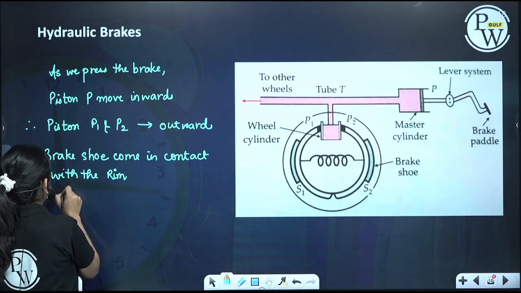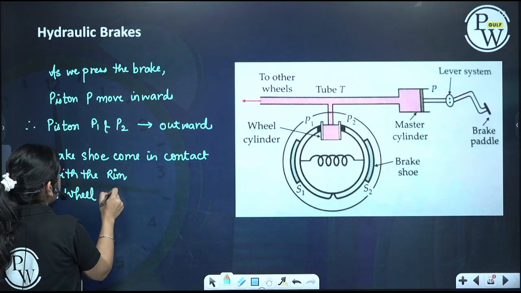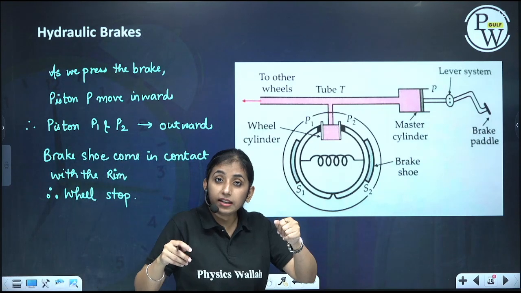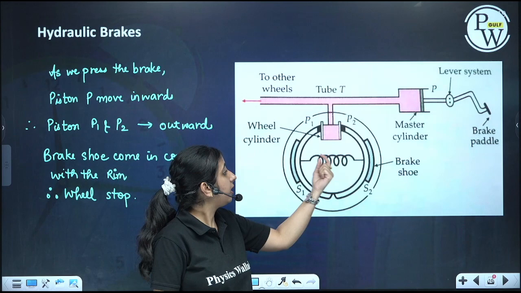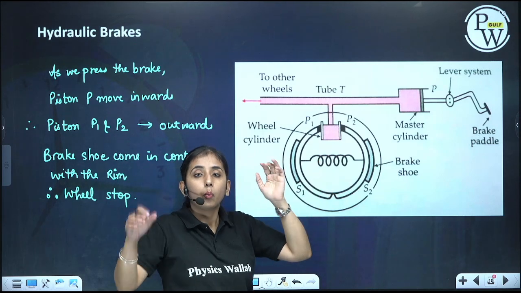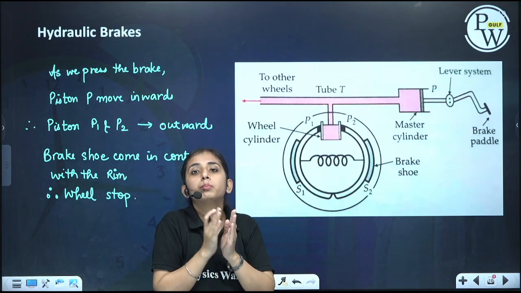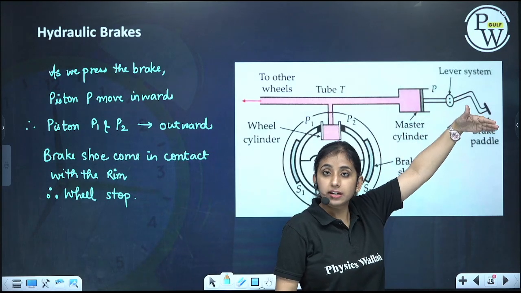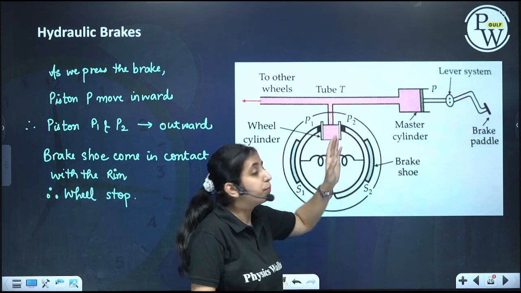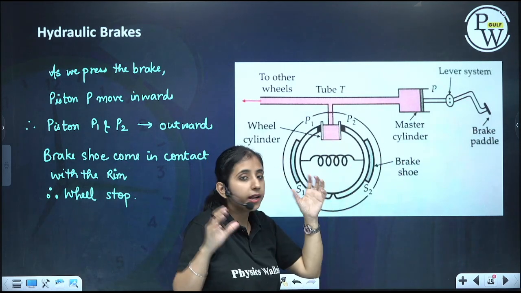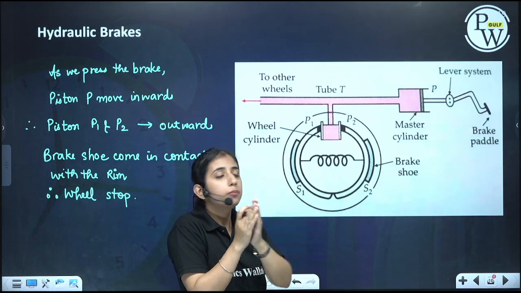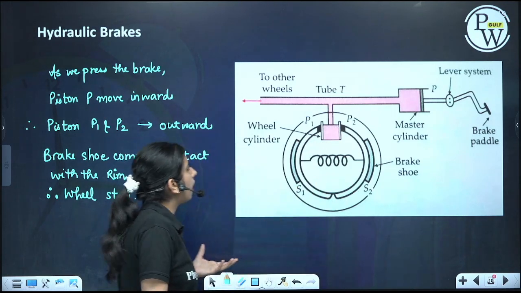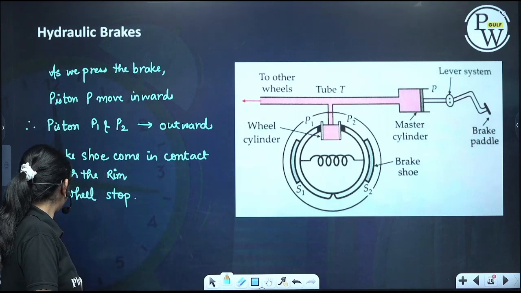Now as we release the brakes, there is a spring S which will compress and the brake shoe will come to its original position. The pressure is released, so the piston will move inwards due to the spring. It will come back to its normal position and we will get a normal wheel. So this is how hydraulic brakes work.